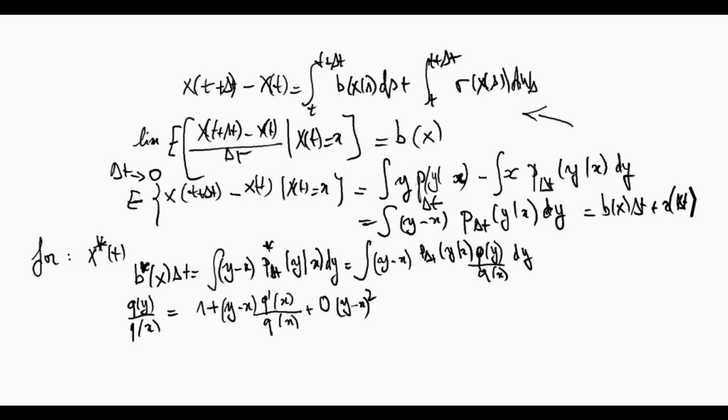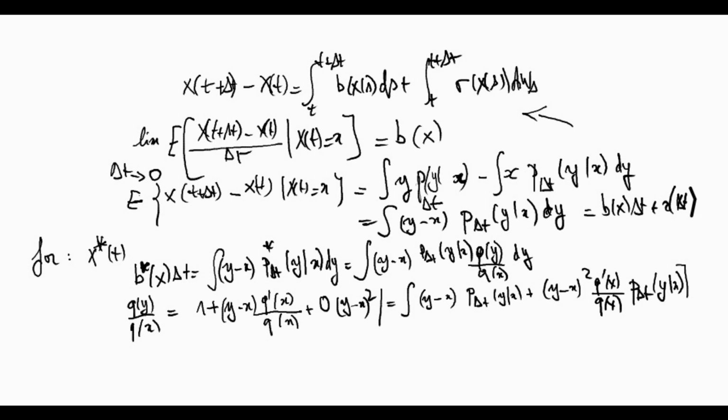This is the remainder term. Okay, so now if we replace this in this equation, the first term will give us y minus x p delta t, which is the conditional probability for the initial process, plus y minus x squared times q prime of x over q of x, multiplied by the probability distribution p delta t, y of x, and we have to integrate everything dy.